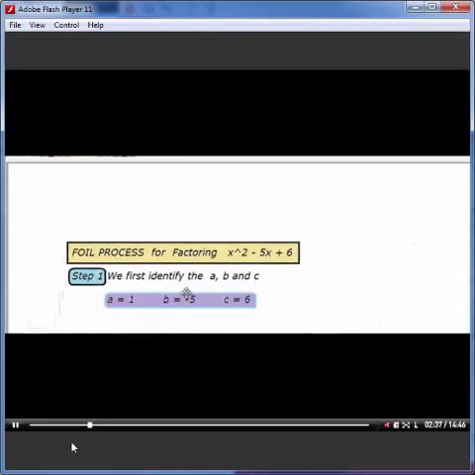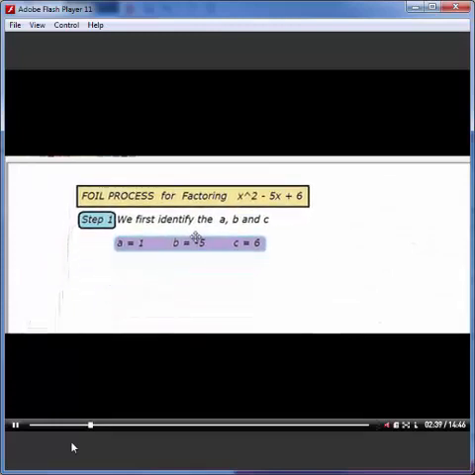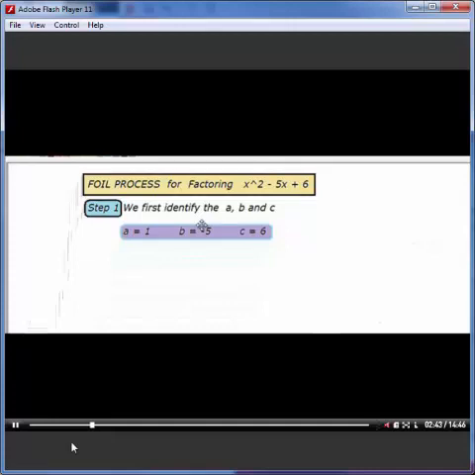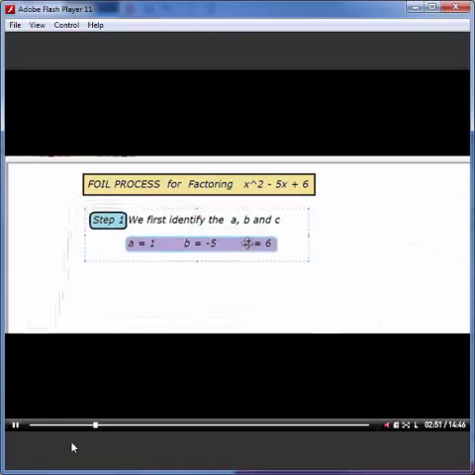Let's see now together the method of FOIL. The first step, you identify the actual coefficients a, b, and c. For this problem, a is equal to 1, b is equal to -5, and c is equal to 6. What is our second step now?